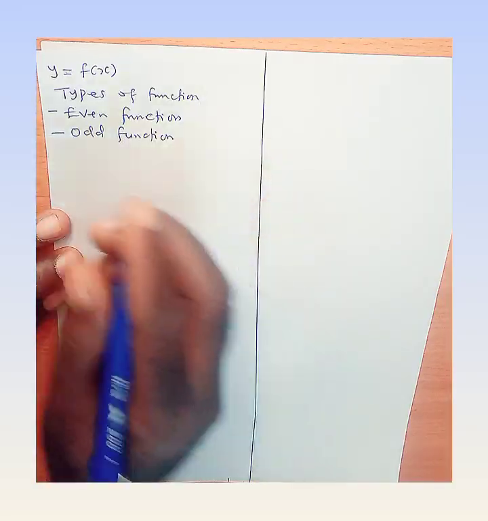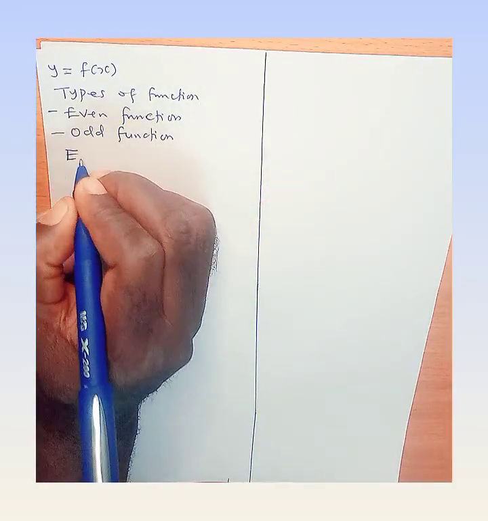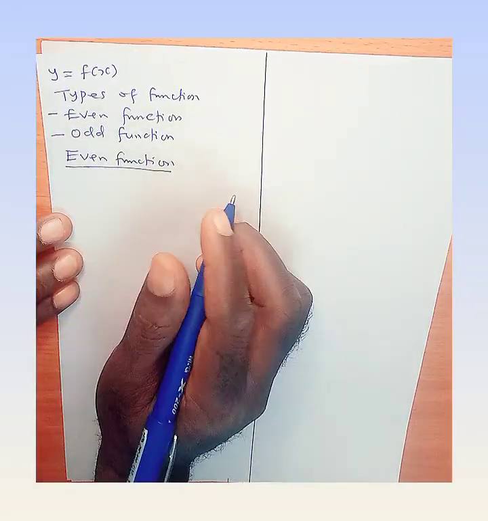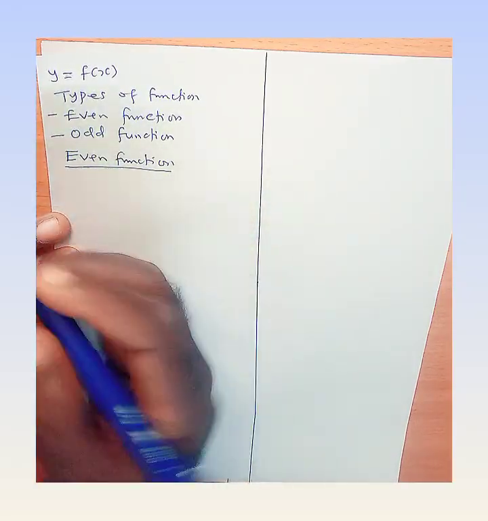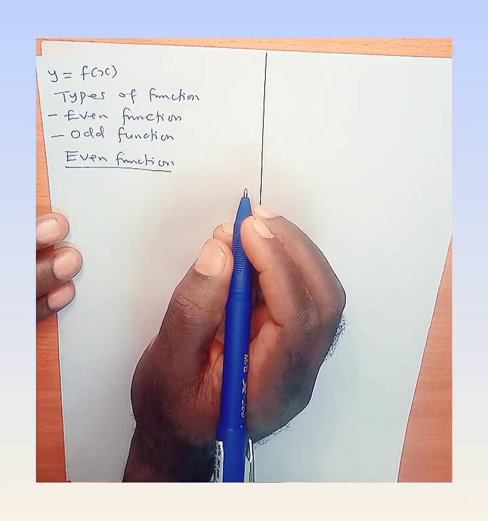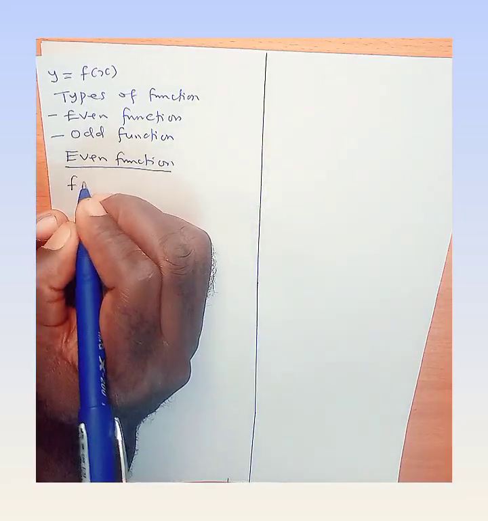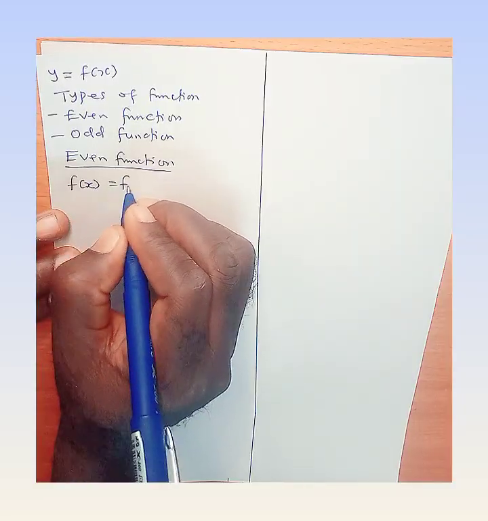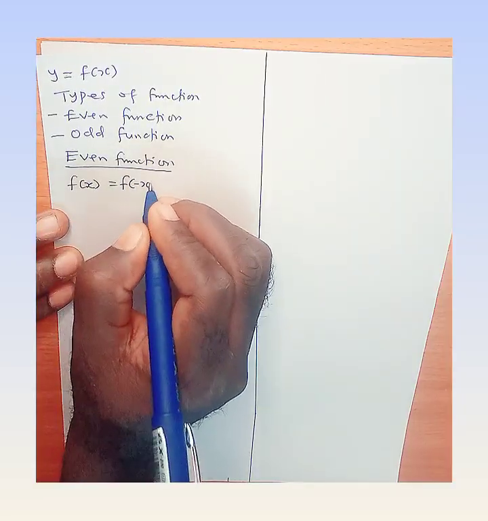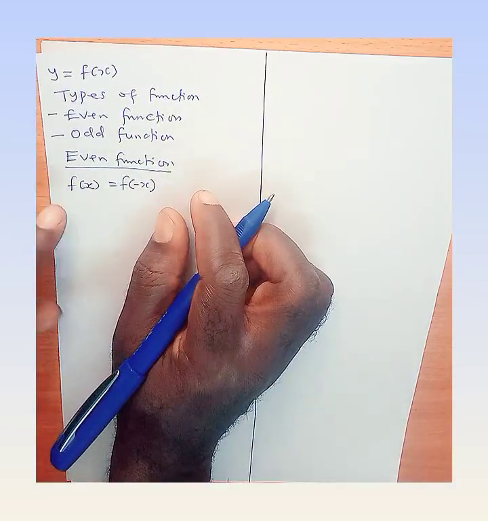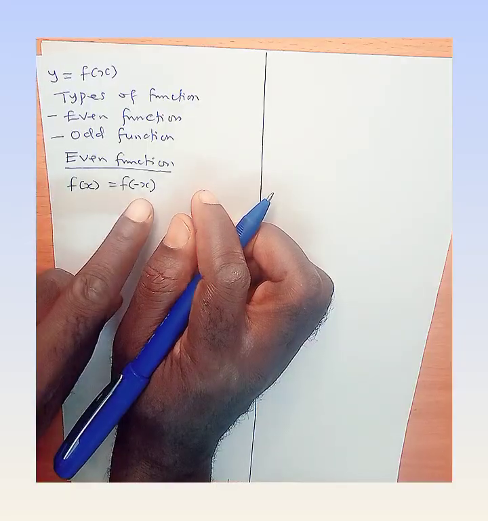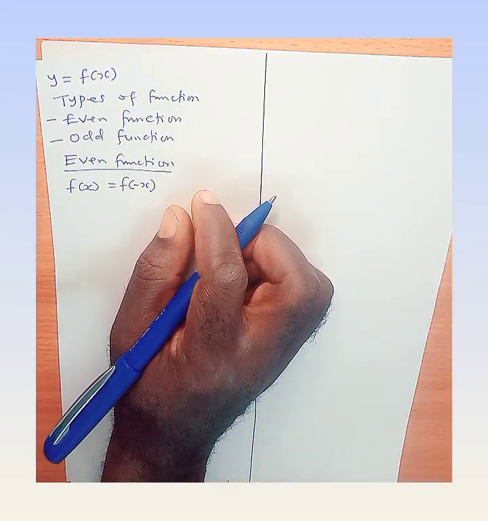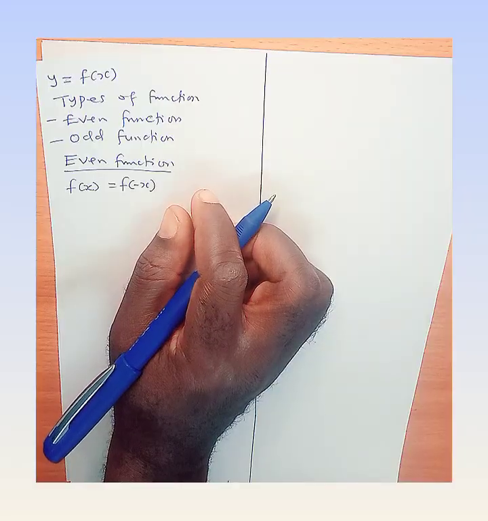Now let us take a look at the first one, which is even function. A function f of x is said to be even function only if f of x is exactly equal to f of negative value of x. That is, if f of x is equal to f of minus x, then we say that such function is an even function.